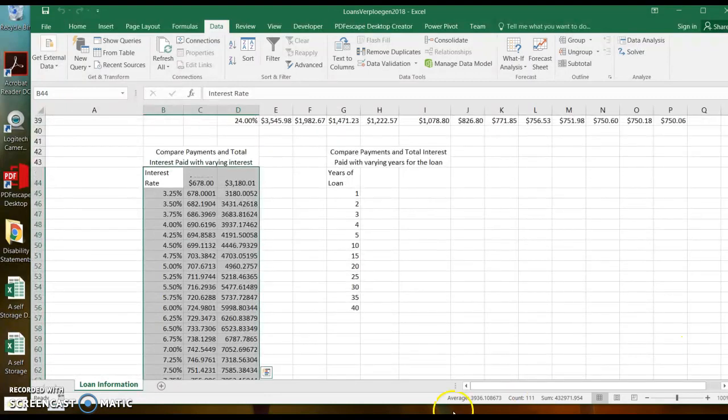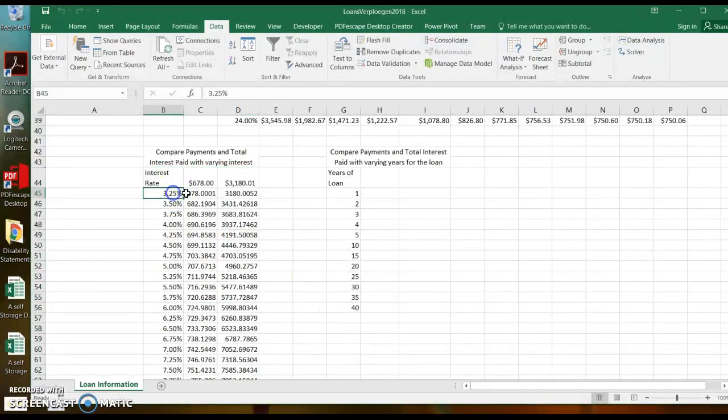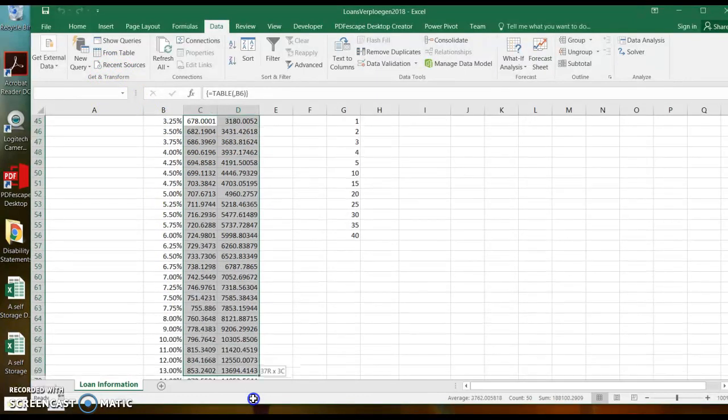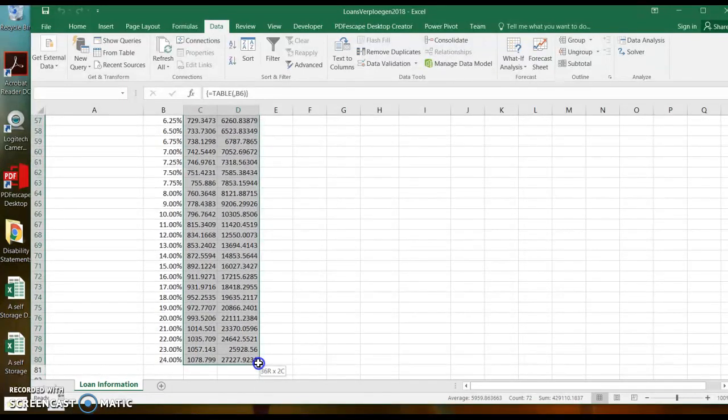And if you come down here again, look at that 3.25, that payment's correct. That's right, but now you really do get to see this is with the same number of years of the loan and same payments per year, but just that interest rate is going up. How much more you pay, and let's format that so it's easier to read.